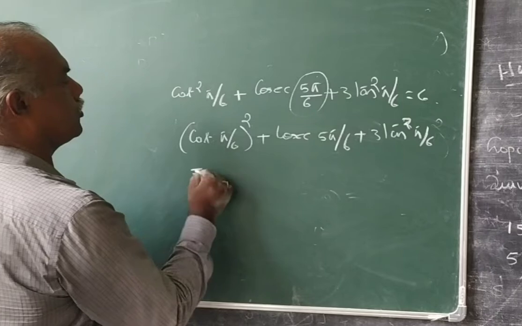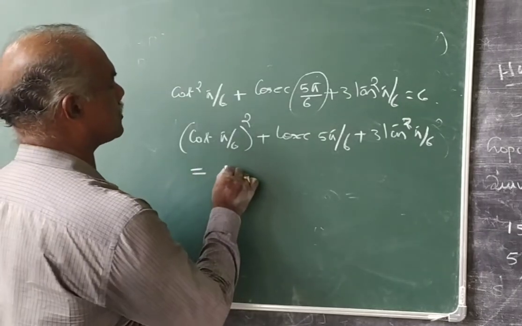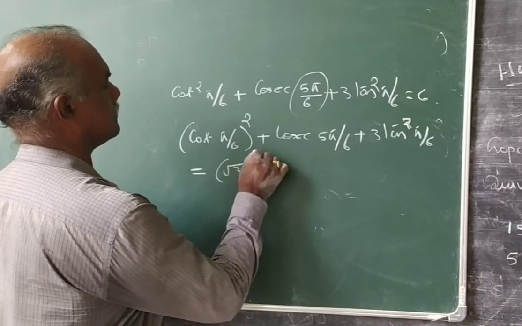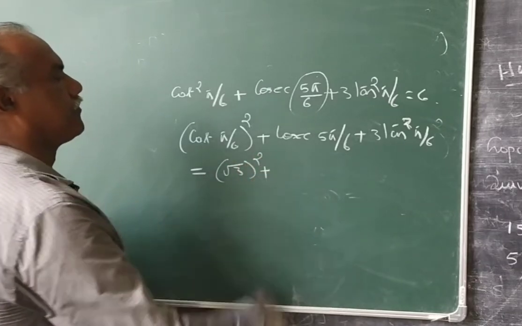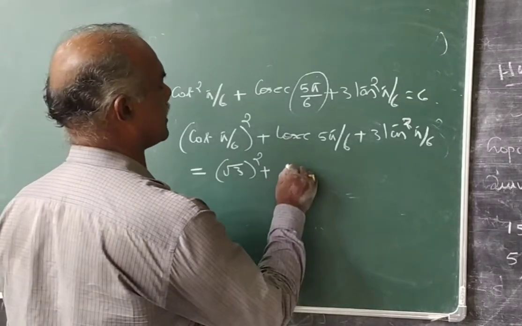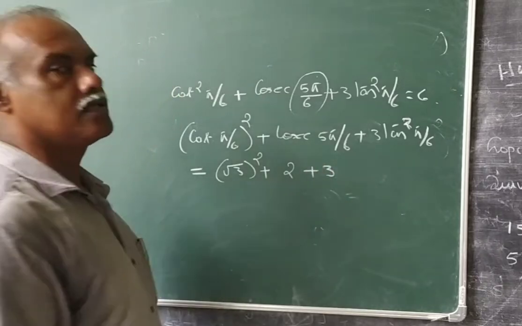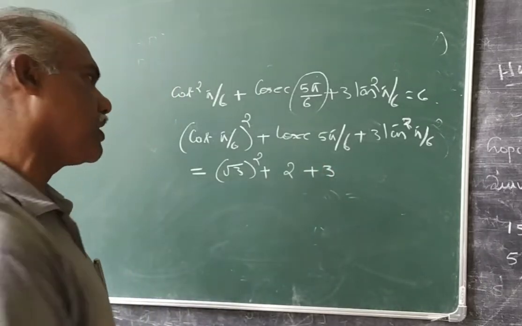This is equal to cot pi by 6, which is root 3, square, plus cosec 5 pi by 6, we got it as 2, plus 3 into tan pi by 6, which is 1 by root 3.